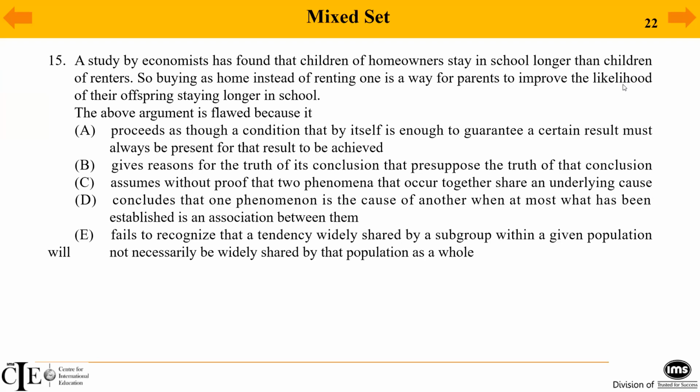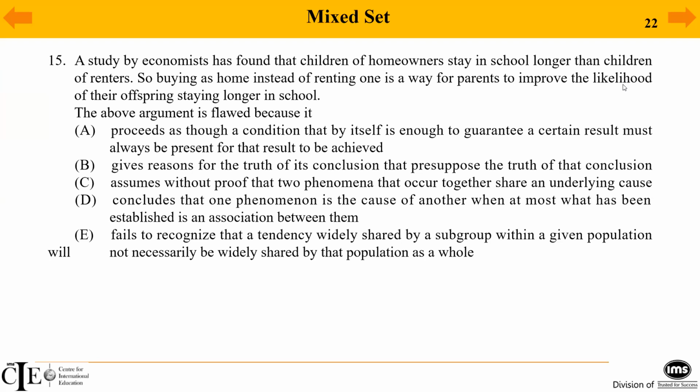C cannot be the answer because there is a proof for what they are saying. So C says as if this argument is assuming everything without proof. A is saying proceeds as though a condition that by itself is enough to guarantee a certain result must always be present for that result to be achieved.